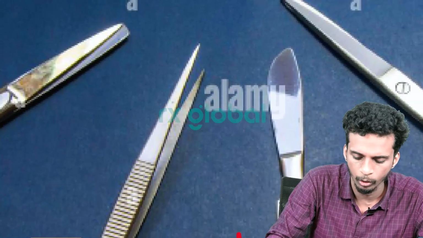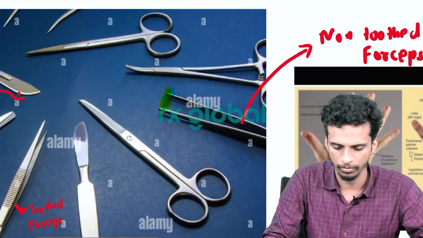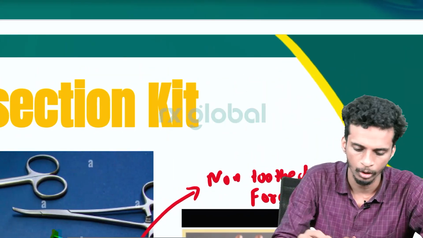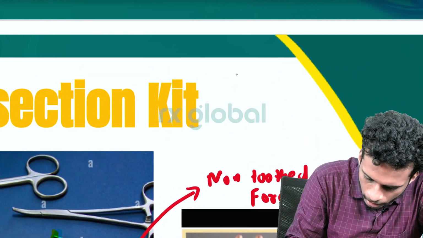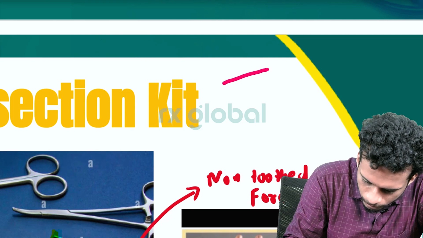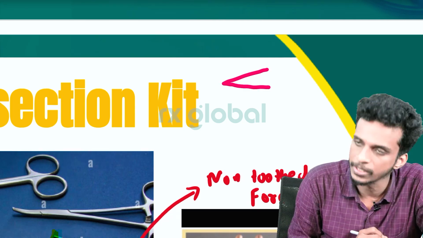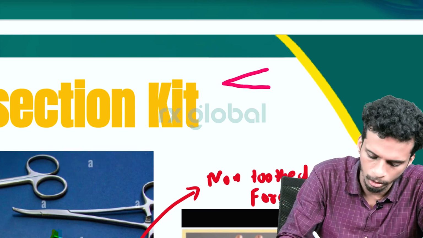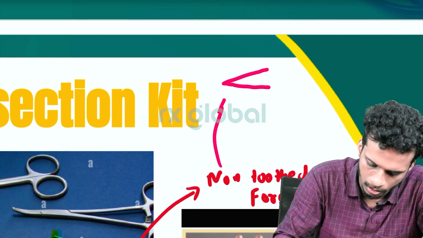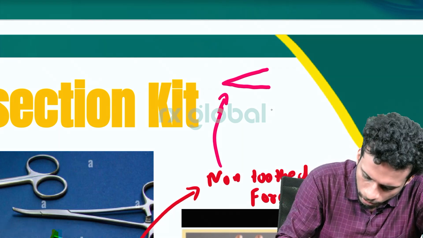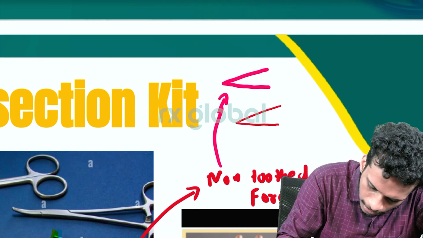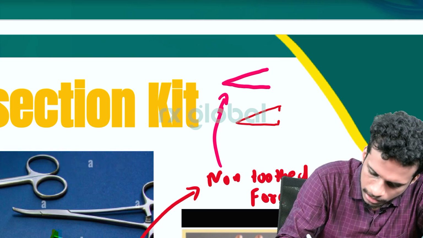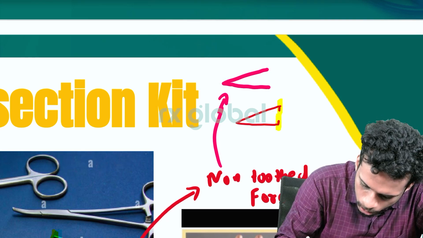At the end of a toothed forceps, it's actually not visible in this figure, so I'll draw it for you. If it's a non-toothed forceps, it will be like this. And if it's a toothed forceps, at the end I will have certain teeth like this.